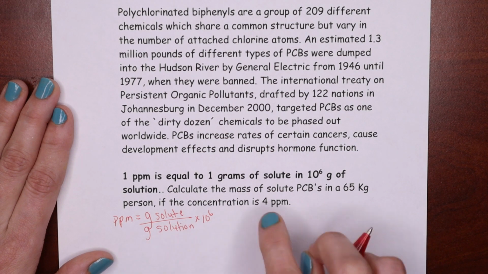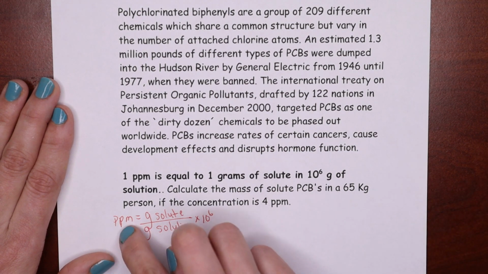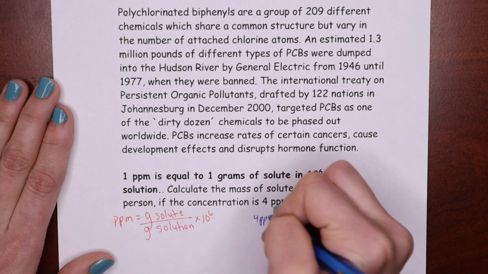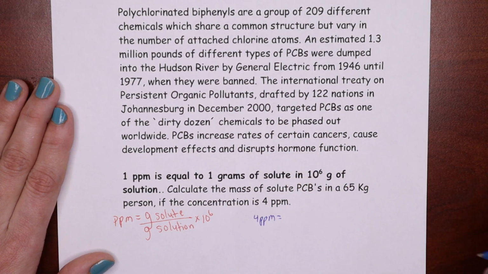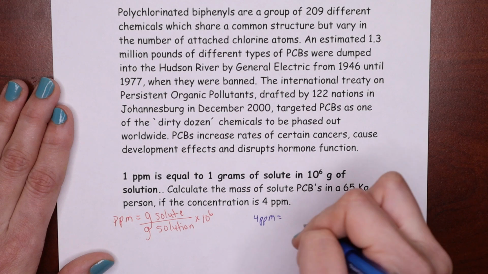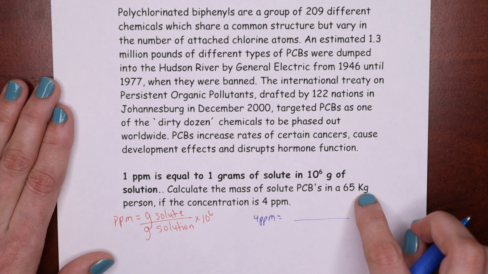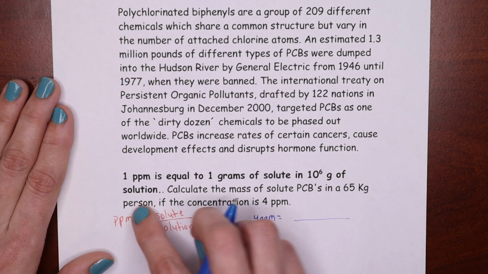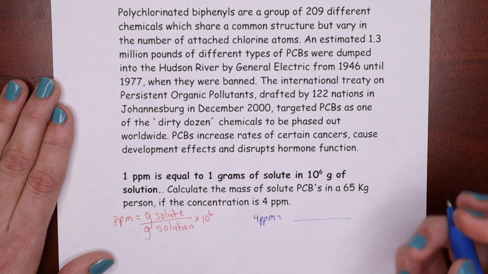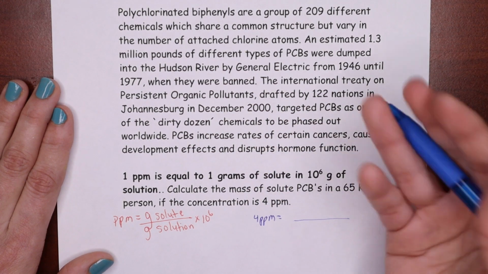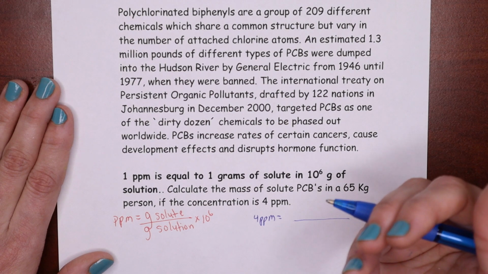Now let's see what we can go ahead and plug in. We have the parts per million, so we can plug that in here. We also have the grams of the solution. They're actually giving us 65 kilograms of the person. The person is the solution in this example, because it has the solute and the solvent within that person's system.